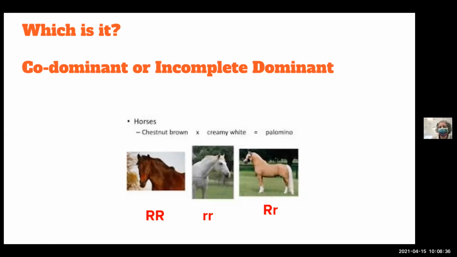So the heterozygous is not brown, like it's one parent. It's not white, like it's one parent. It's a third blended color of the two in the heterozygous. So this is called incomplete. Okay, neither white nor brown was dominant, and this is an incomplete dominant example.